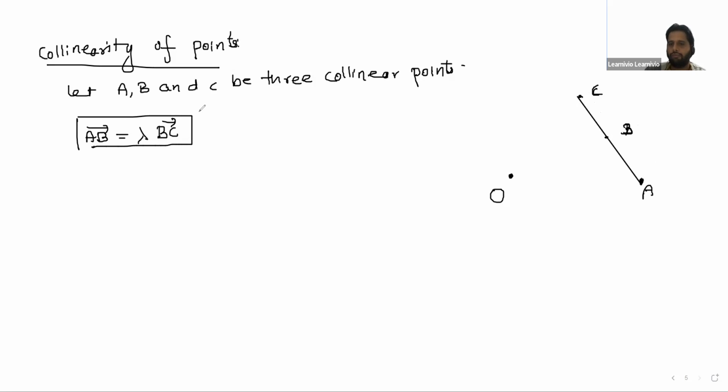So if points are given, then find the vectors AB and BC and show that AB is equal to lambda times BC. If the vectors are given, then you can directly solve the question.